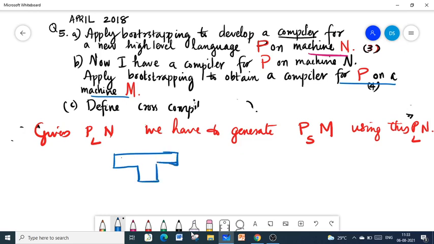If we try to draw the diagram like this, PLN you are already having. Suppose I am drawing a diagram like this, L. Since I have to obtain the implementation language as S, I have to write the implementation S here. So the same language is written here also.